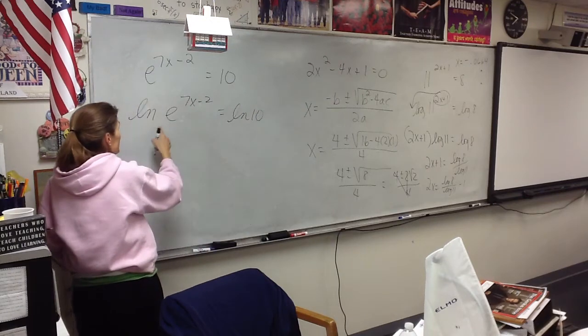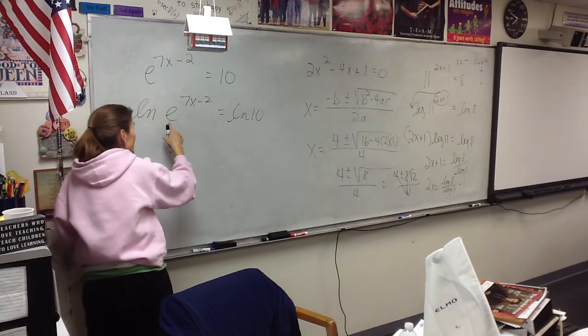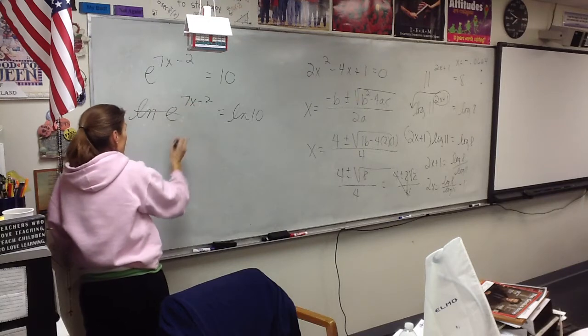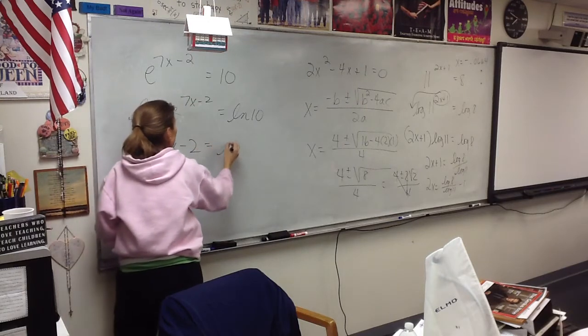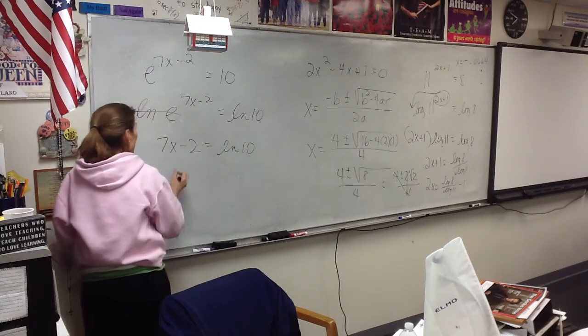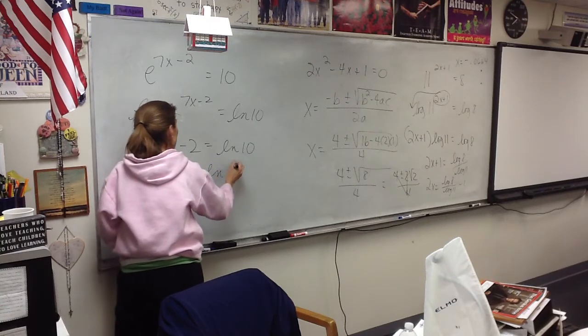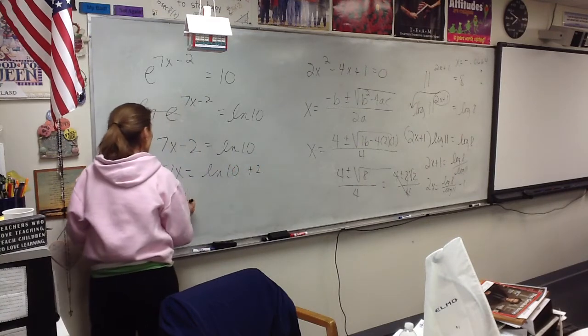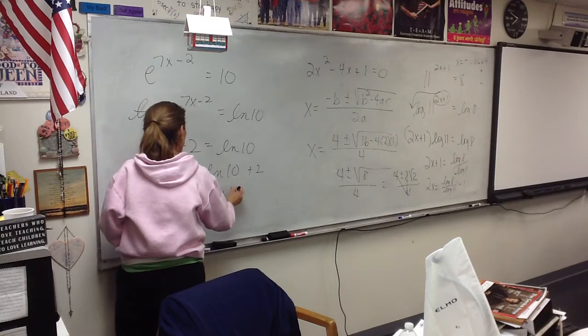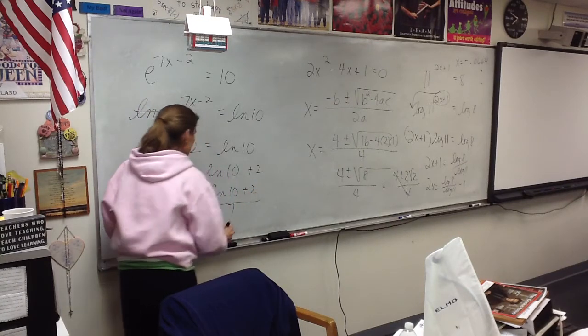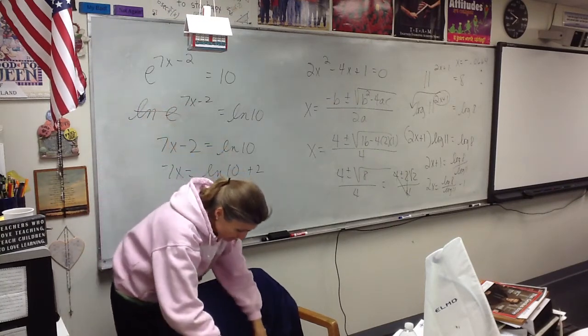And what happens when you natural log an E? Whoops, they're gone. So 7x minus 2 equals ln 10. I will add 2 and divide. So ln 10 plus 2 over 7 should be my answer.